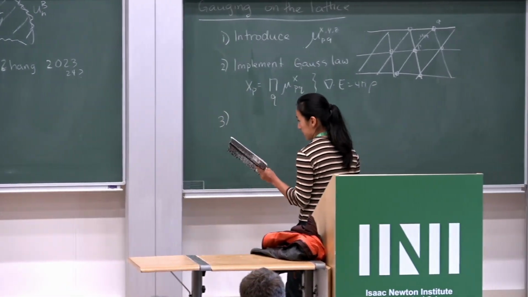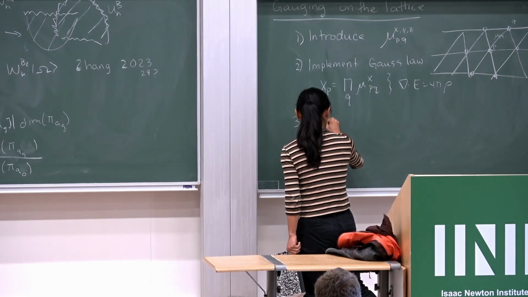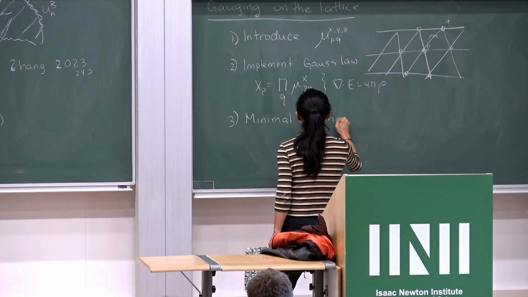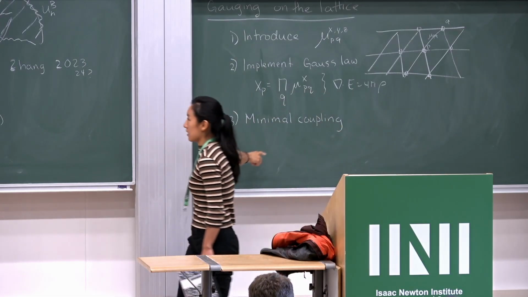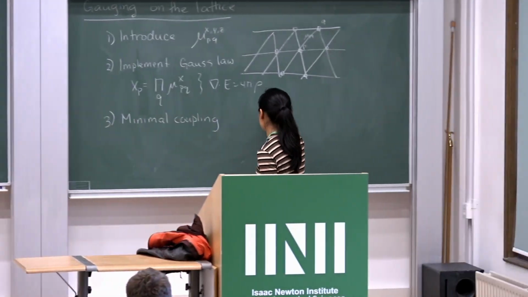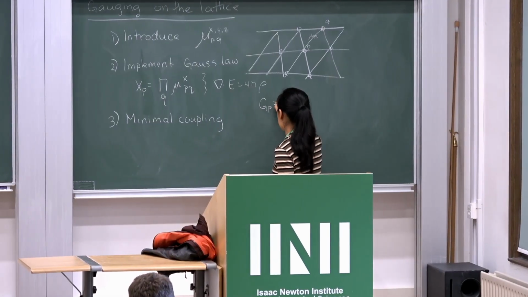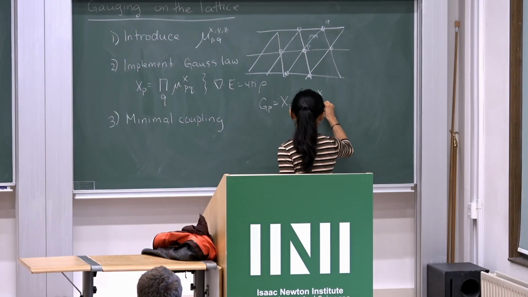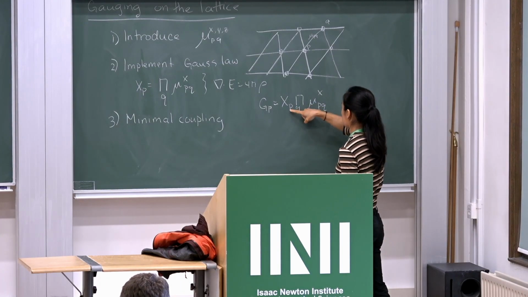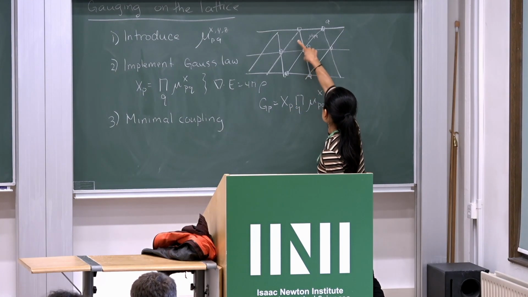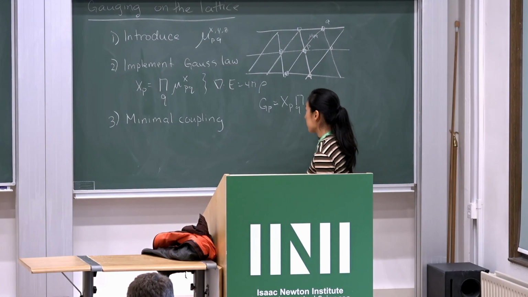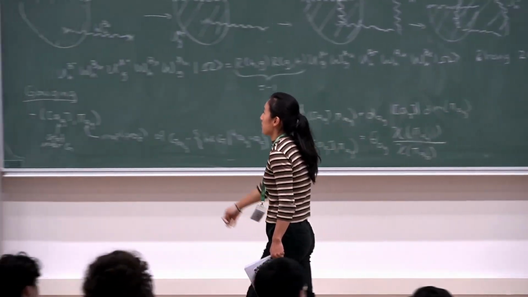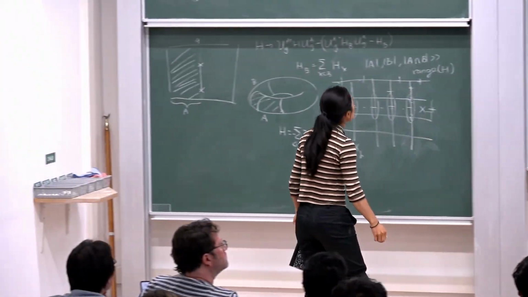And the third step is to do minimal coupling. Because you're implementing this Gauss law, you need everything to commute with GP is equal to XP product of Q, U, XPQ. So this is an operator that acts on this vertex and these 6 links. So you need every operator in your Hilbert space, every operator in your Hamiltonian to commute with that Gauss law operator.